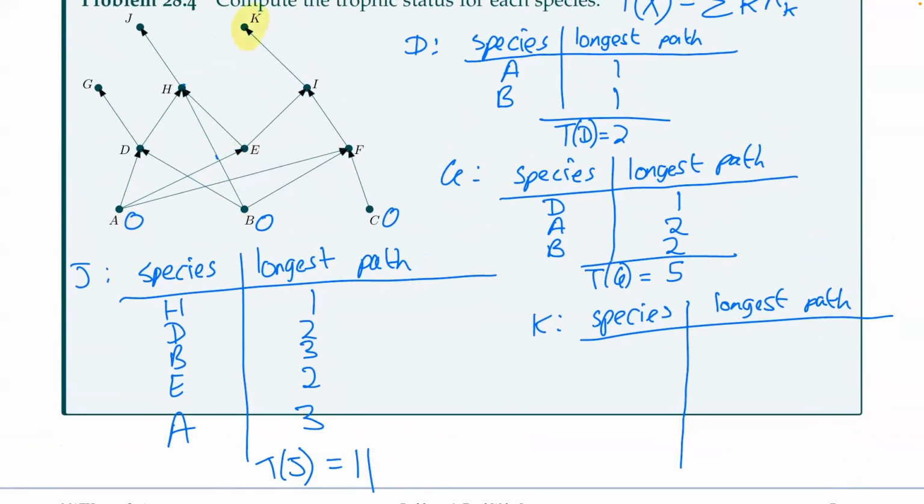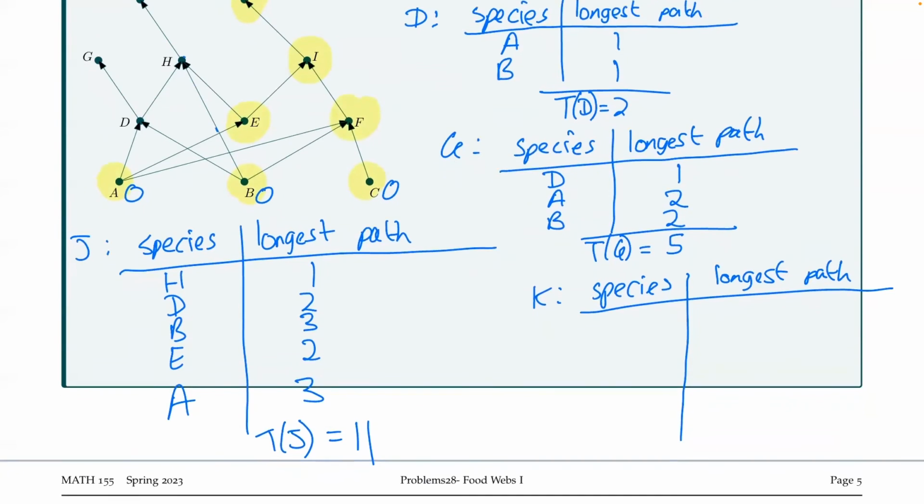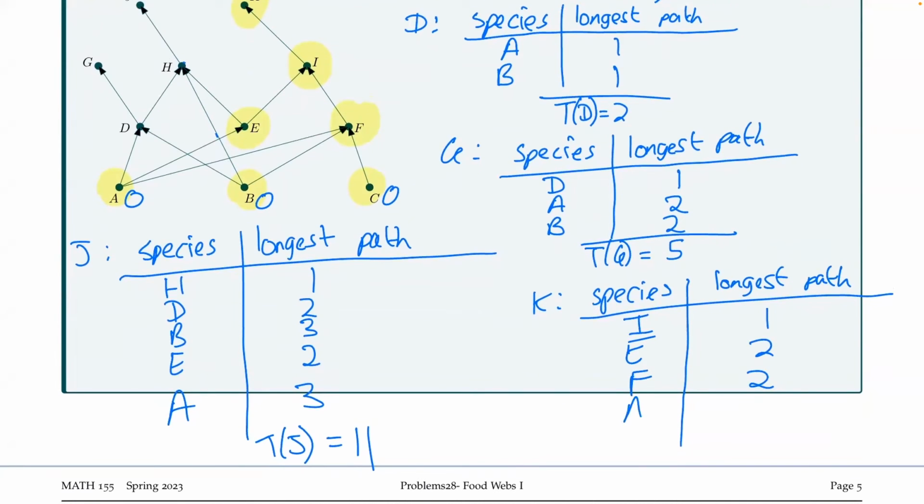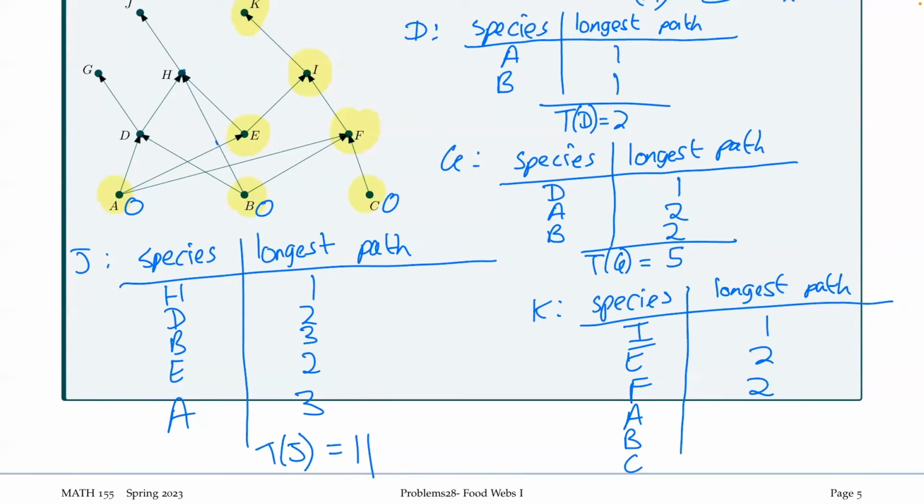Species K, well, I'm just going to highlight all of the things that feed into it. So K eats I, I eats E and F, E eats A, F eats A and B, and C. So I has path length 1, E has longest path 2, F has longest path 2, A, B, and C all have longest path 3.